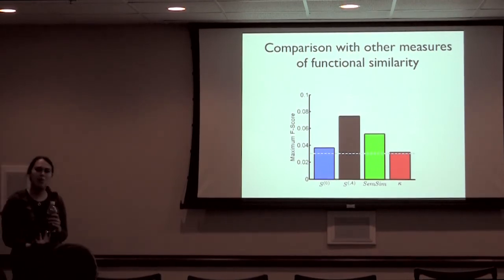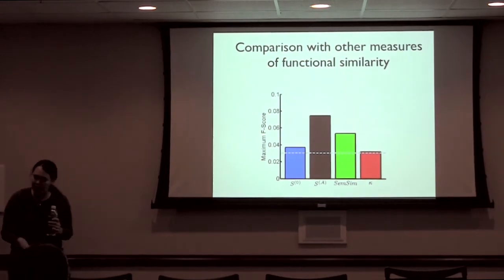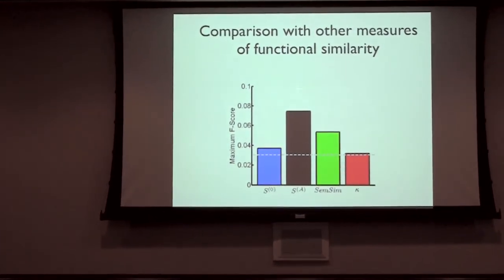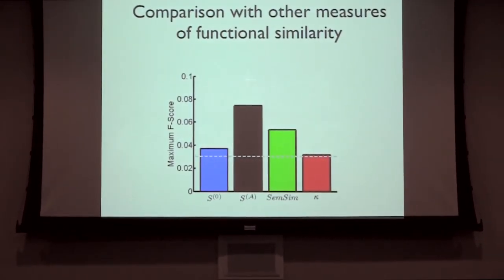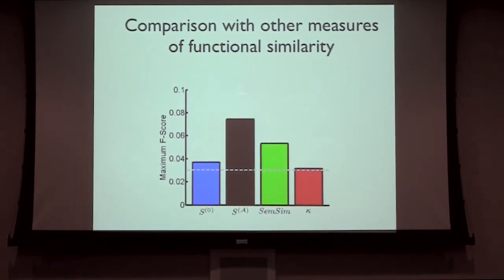Okay, one thing I want to mention is that there are other measures of functional similarity. So we've used a certain method for projecting our annotation data into a gene-gene network, which gives us a certain measure of the functional similarity between pairs of genes.